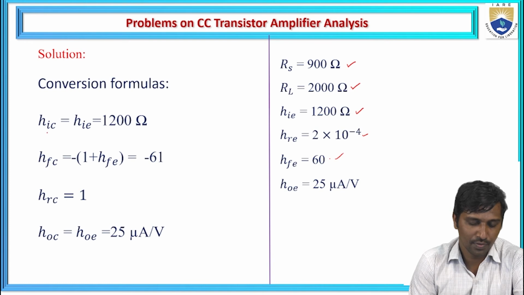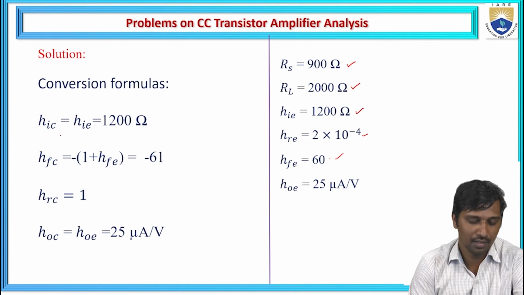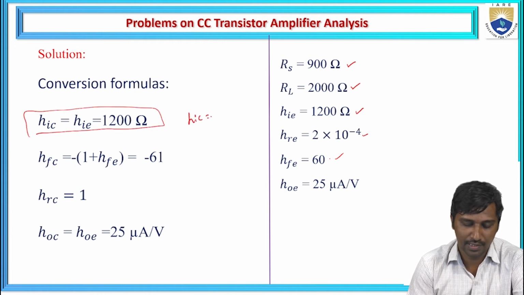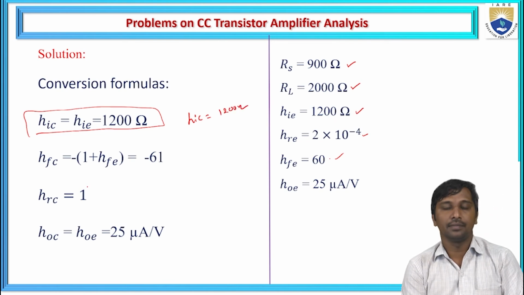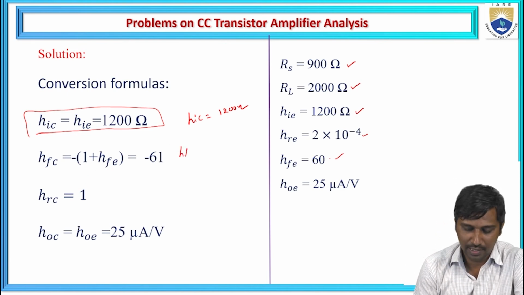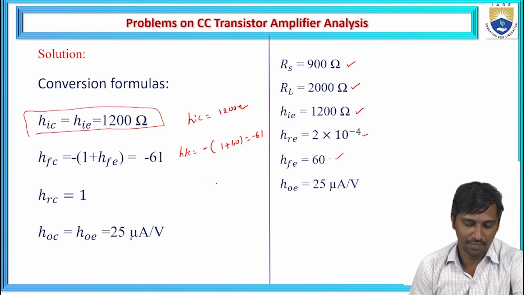The input impedance HIC is approximately equal to HIE, hence HIC is equal to 1200 ohms. Similarly, HFC is represented as minus (1 plus HFE). HFE is given as 60, hence HFC is minus 61.